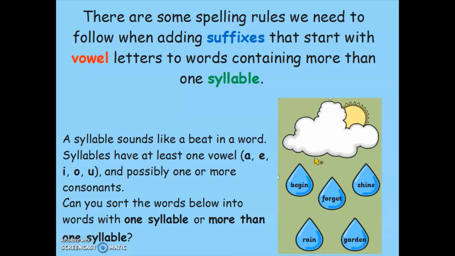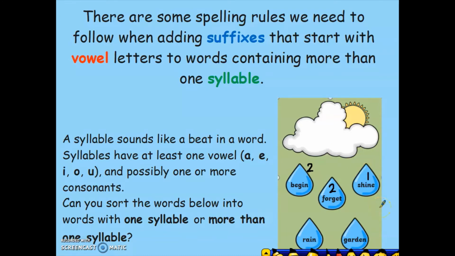So begin. Is that one syllable or more than one syllable? Listen carefully. Begin has 2 syllables. Let's write 2 next to it. What about forget? Again, that has 2 syllables. What about shine? 1 syllable.